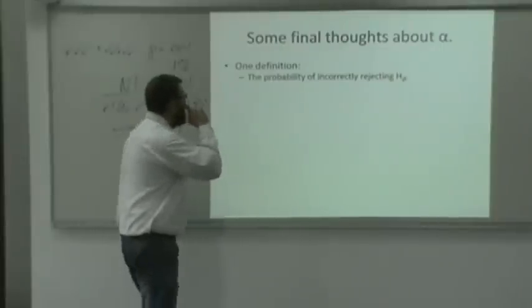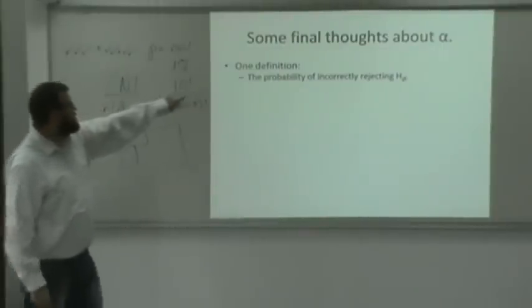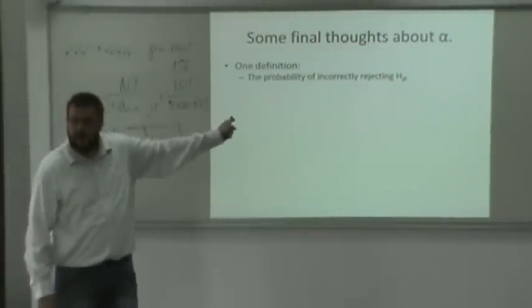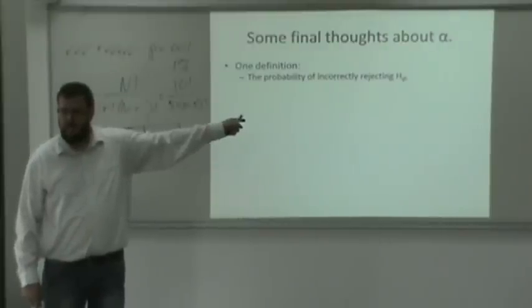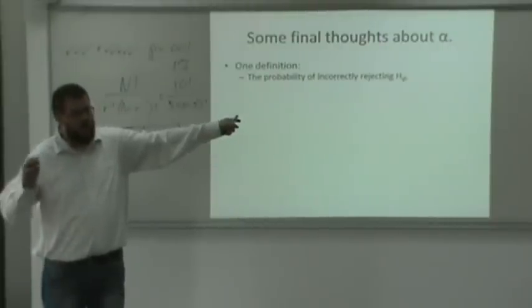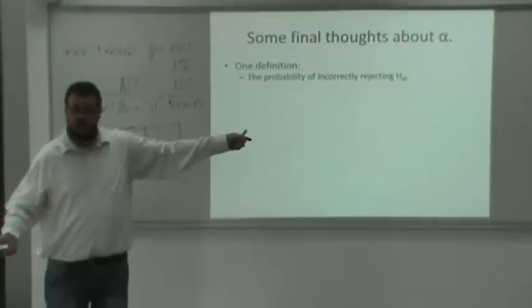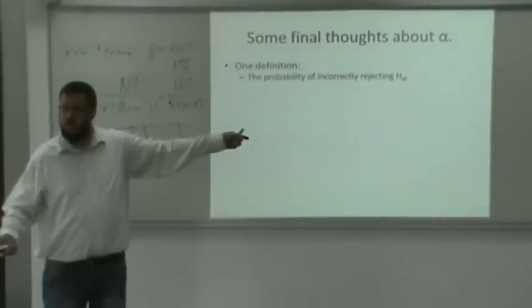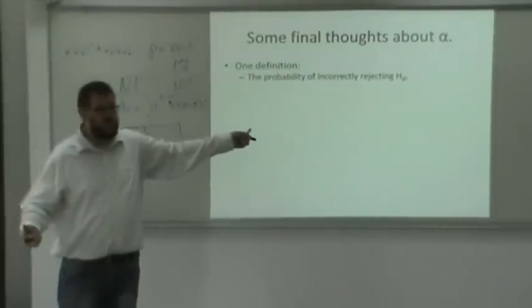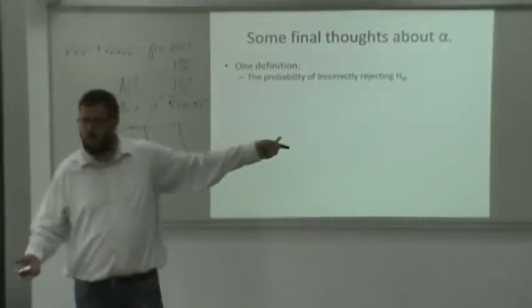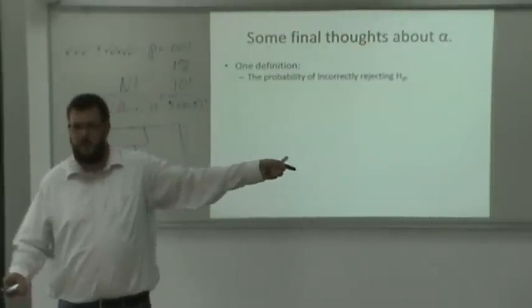A final thought about alpha. One definition was the probability of incorrectly rejecting the null hypothesis, right? So we said with alpha of 0.05, how often are we incorrectly rejecting the null? What percent of the time are we incorrectly rejecting the null when alpha is 0.05?